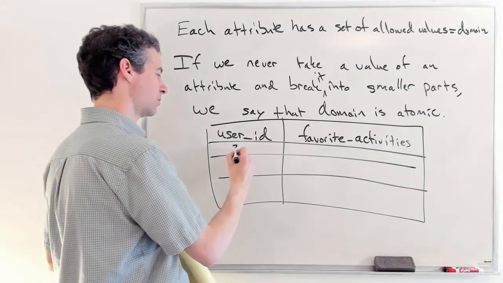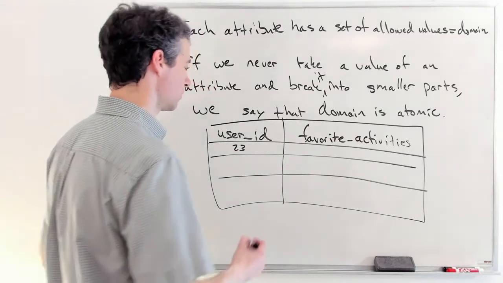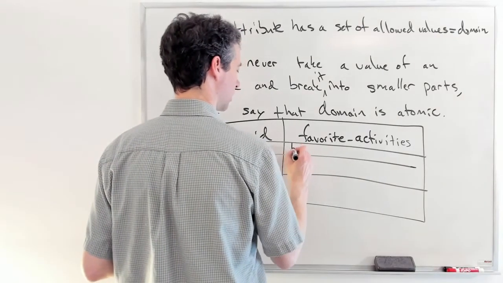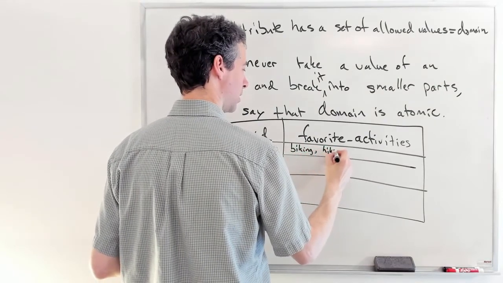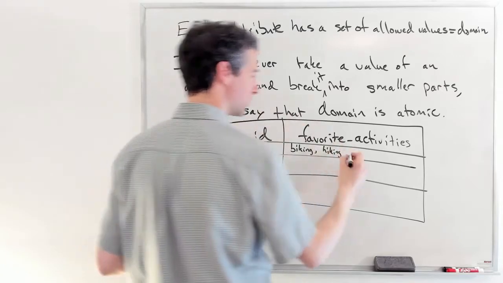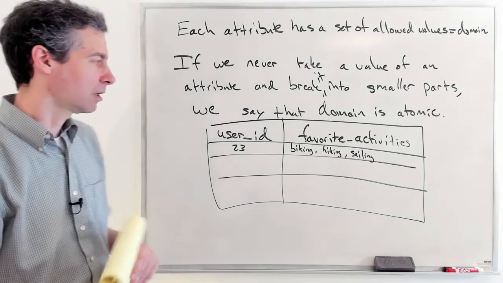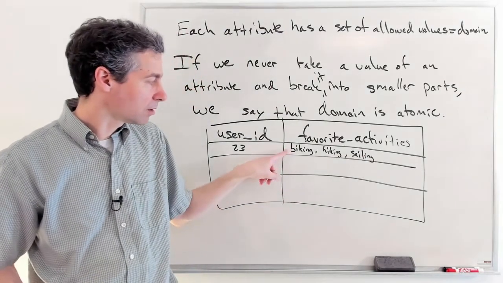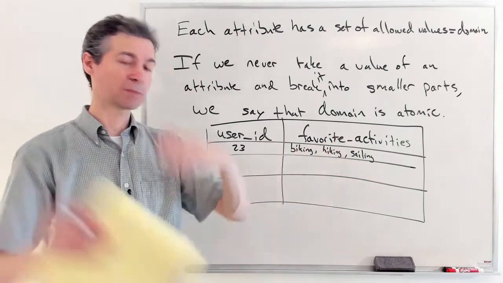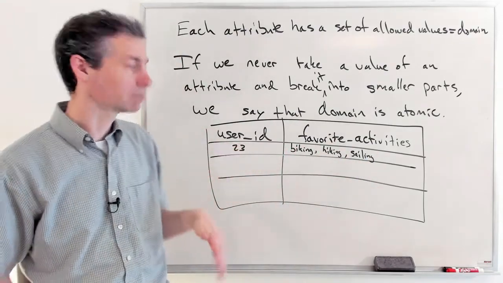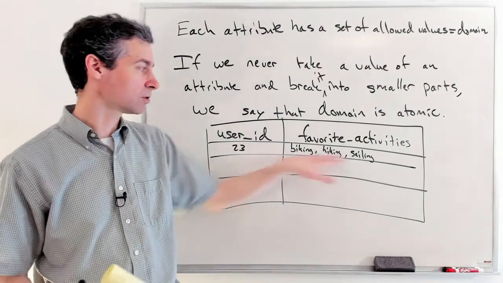So maybe this is user 23, and the favorite activities of user 23 are biking, hiking, sailing. You could envision that this is simply a string that we display on a web page for a user. Okay, we're treating that in an atomic fashion. We just read and write, and we let the user write whatever they want.